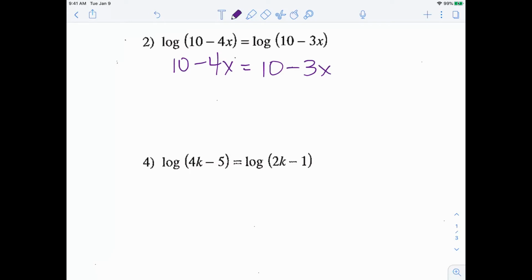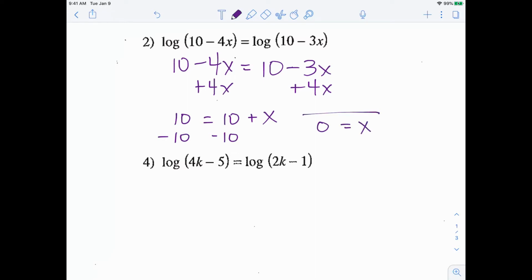And then we solve it like a regular equation. So I'm going to start by adding 4x to both sides, which leaves me with 10 equals 10 plus x. Then I subtract 10 from both sides, and we find out that 0 is equal to x, and then that is my final answer.